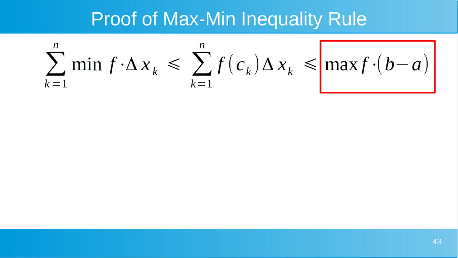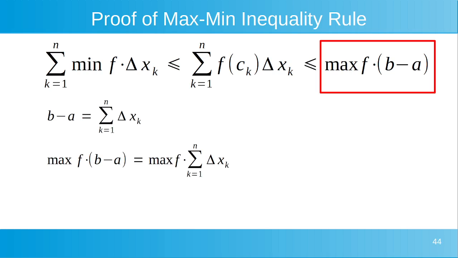Next, we have a look at the right-hand side of the inequality, highlighted in the red rectangle here. So again, we have that b minus a is equal to the sum from k equals 1 to n of delta xk. So we can express max f times b minus a as being equal to max f times the sum from k equals 1 to n of delta xk.